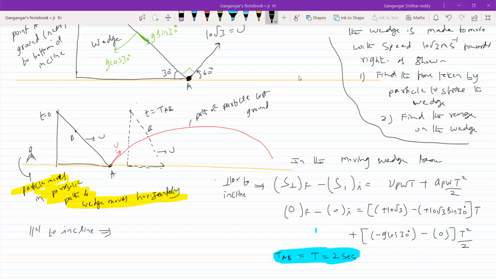The wedge is moving, no? Moving wedge, why are you not understanding the question? The wedge is moving horizontally. No, the distance, range along the incline, S_AB.